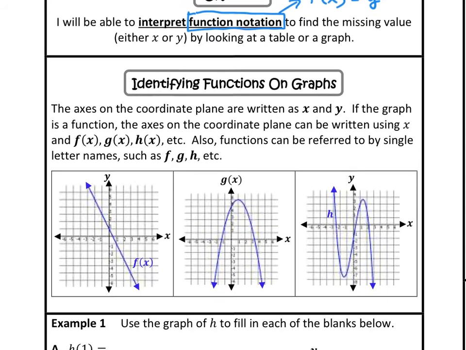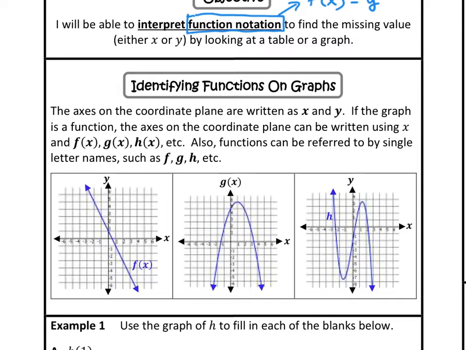And so before we look at the examples, I want to talk about different ways that functions can be represented. And what I mean is, like I said, they can call them different names. It says the axes on the coordinate plane are written as x and y, the xy axis, right?